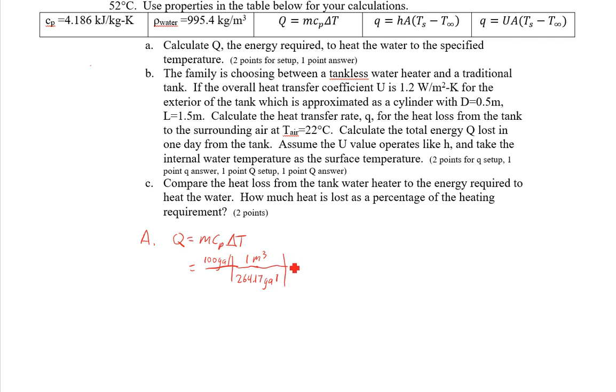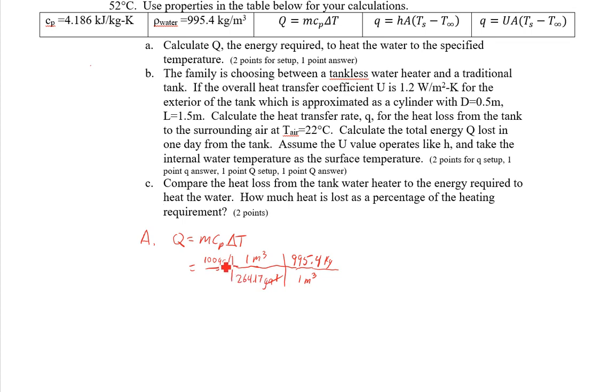So to get our mass from the volume, we need to use our density, 995.4 kilograms per 1 meter cubed.